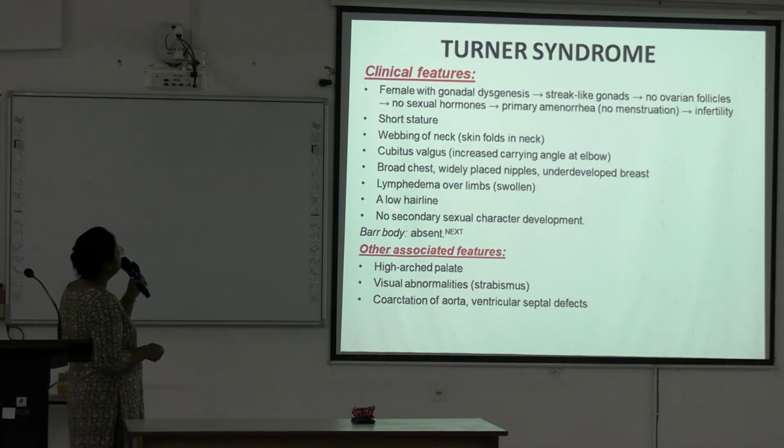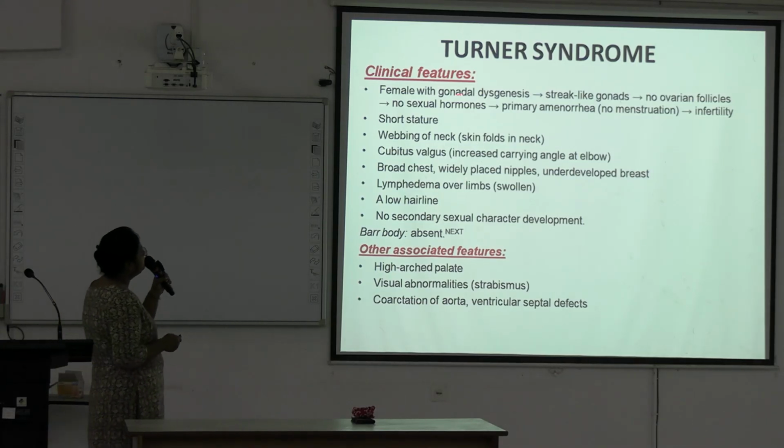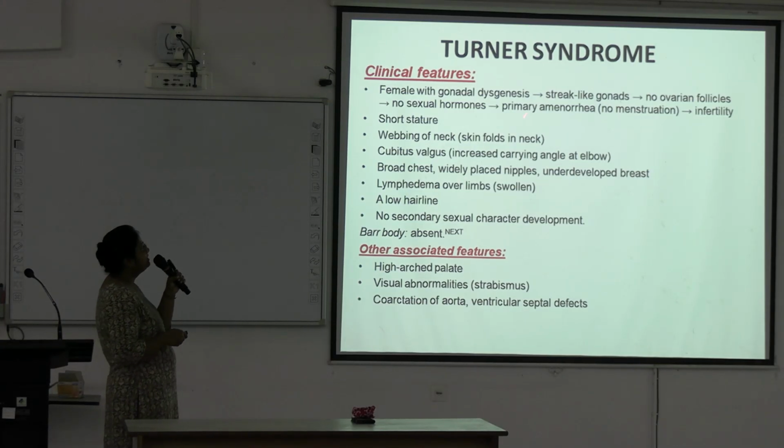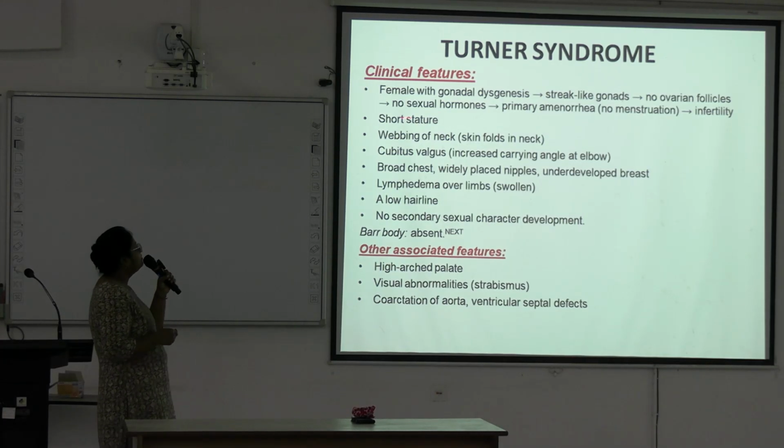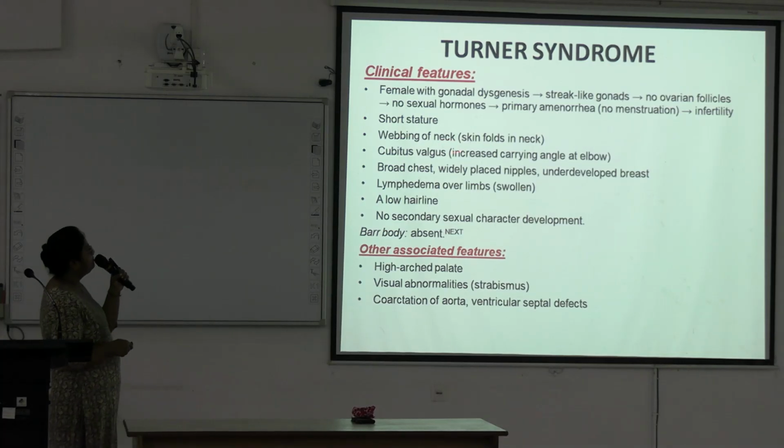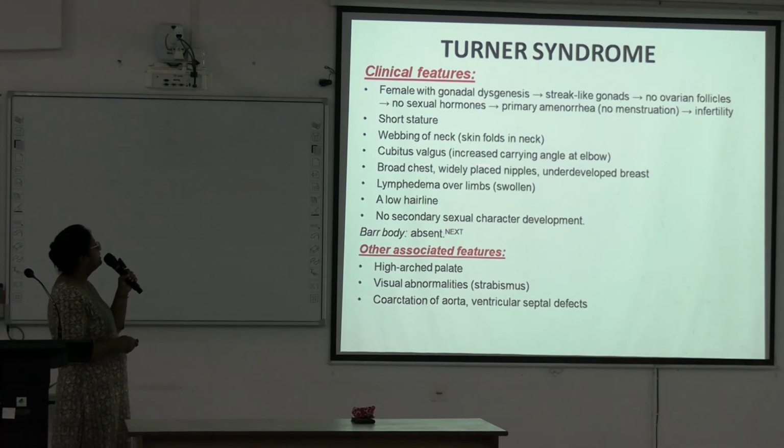These are the clinical features. There will be a female with gonadal dysgenesis, streak-like gonads, no ovarian follicles, no sex hormones, primary amenorrhea, that is no menstruation, and infertility. There will be short stature, webbing of the neck, skin folds in the neck.